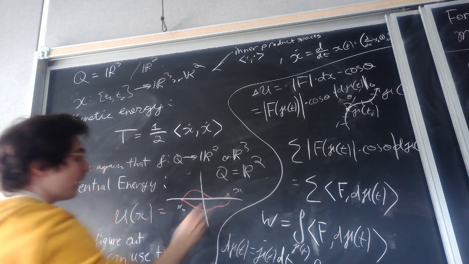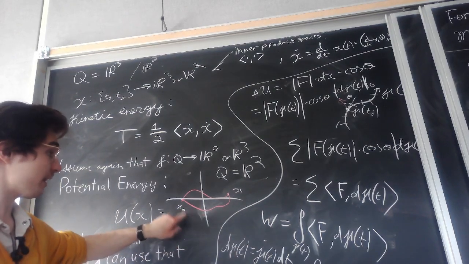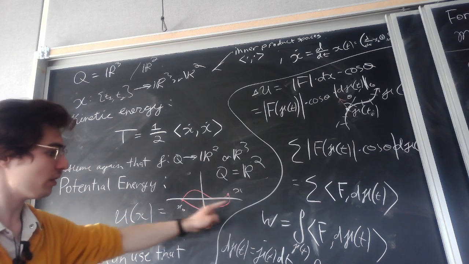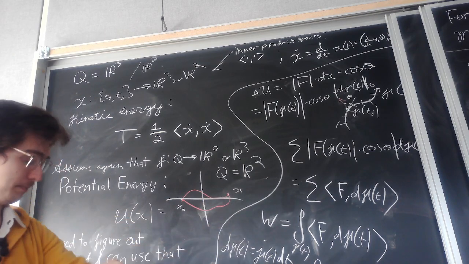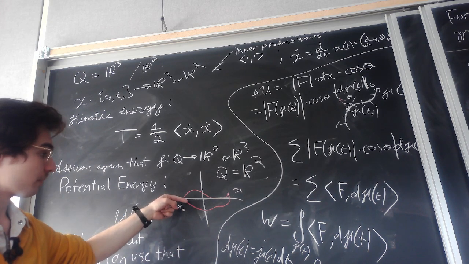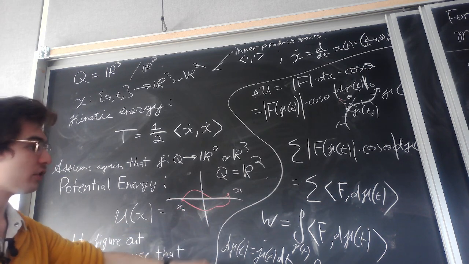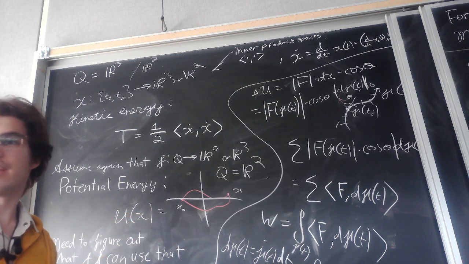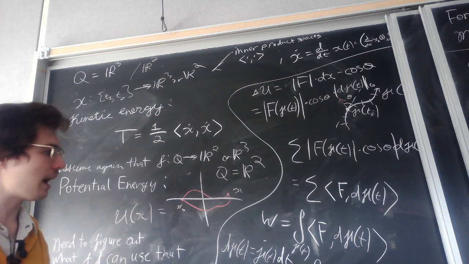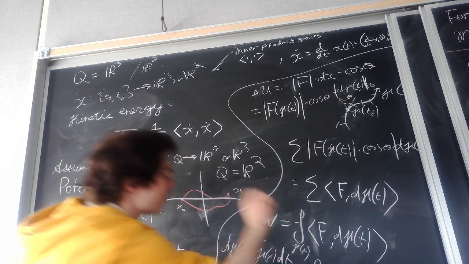If I want to define a potential function in a nice way using this integral, I want to make sure that if I choose this path versus this other path, my potential energy is still the same, right? I want my potential energy to be a function of position, and it should tell me how hard it should be to get to that point. Okay, and of course I'm missing a minus sign, but it doesn't matter.